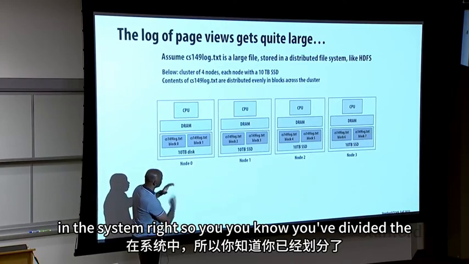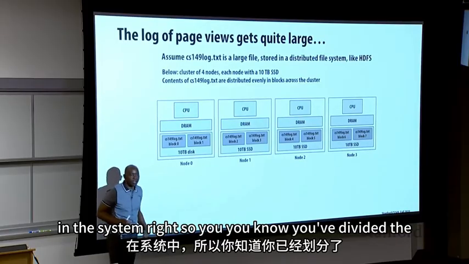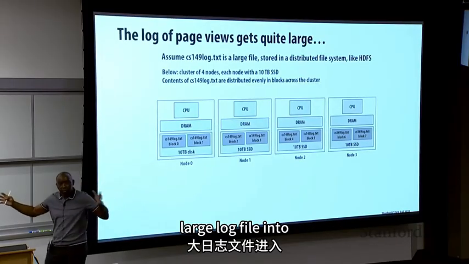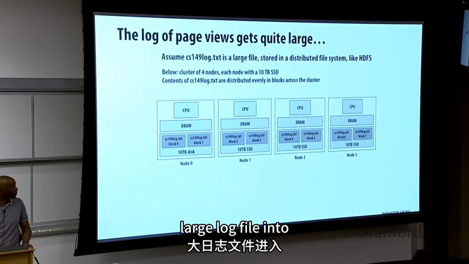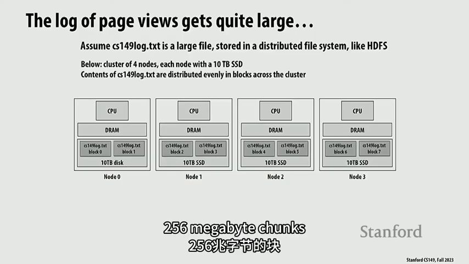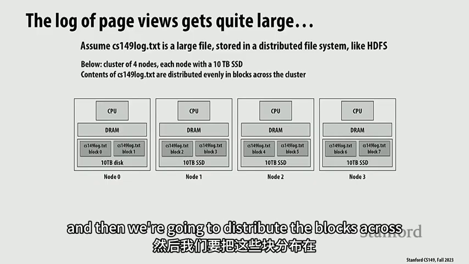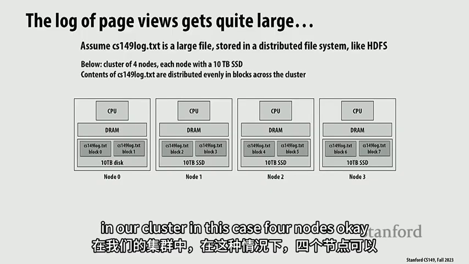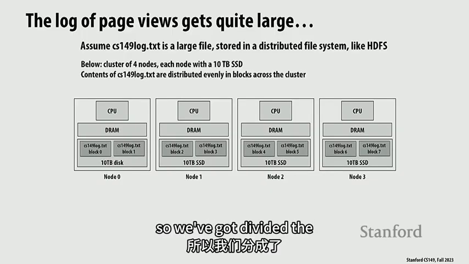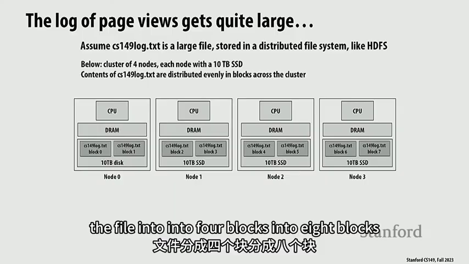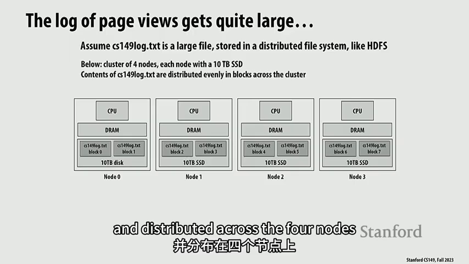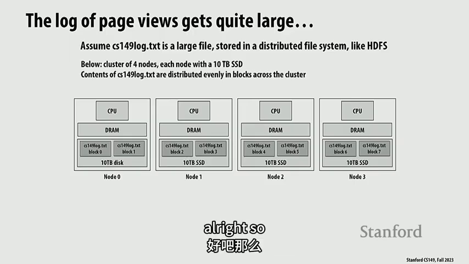So you've divided the large log file into 256 megabyte chunks that we're going to call blocks, and then we're going to distribute the blocks across all the nodes in our cluster, in this case 4 nodes. We divided the file into 8 blocks, and distributed it across the 4 nodes.